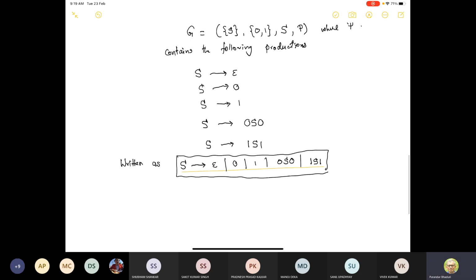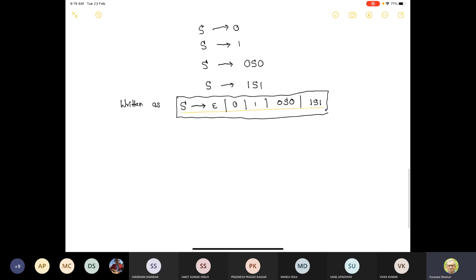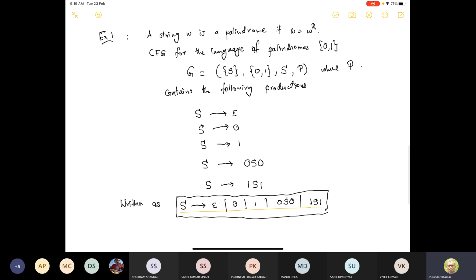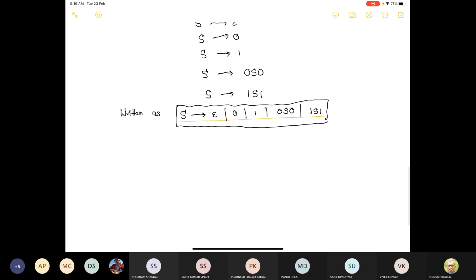Okay, then, yeah. So let's take another example. And this is something you'd be familiar with, maybe from your data structures course. Consider the language of arithmetic expressions.